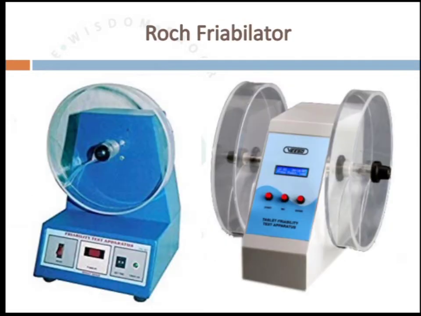So this is the apparatus used for the friability test, the Roche apparatus. It has a plastic chamber. Here we can adjust the revolutions per minute to 25 rpm, and we rotate for 4 minutes, that means 100 revolutions.